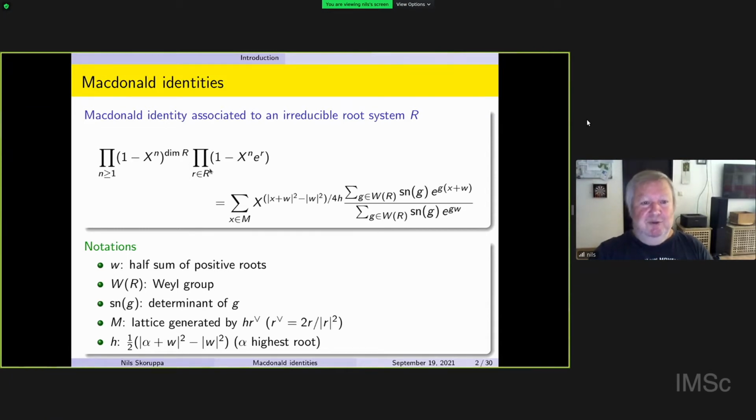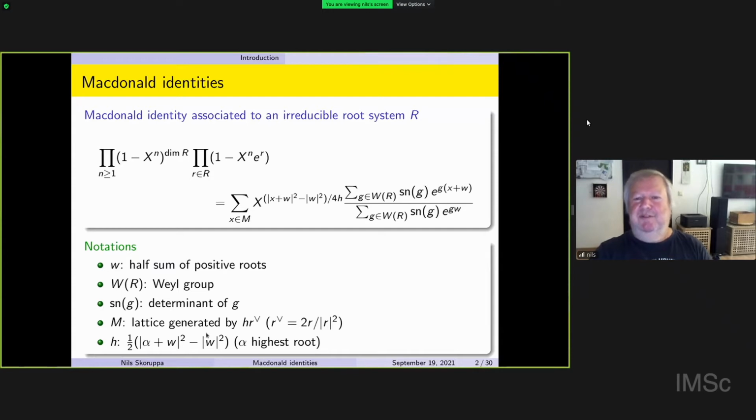The other notations: you have a root system here. Then you need to know what the rho is. That's this half sum, the half sum of positive roots, or the so-called Weyl vector, as people sometimes call it. There you have this Coxeter number h. Sometimes it's the Coxeter number, sometimes it's different, so the right definition is exactly this one here.